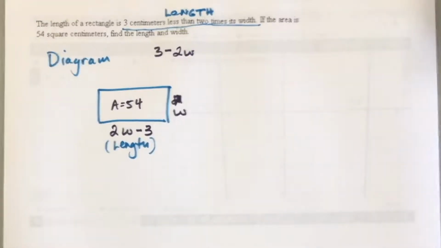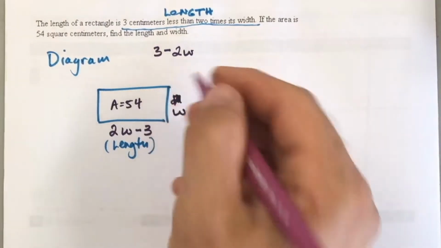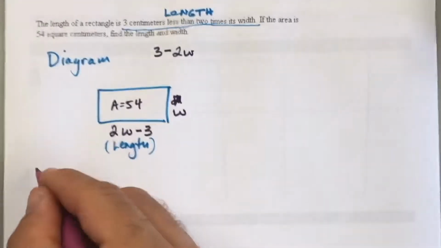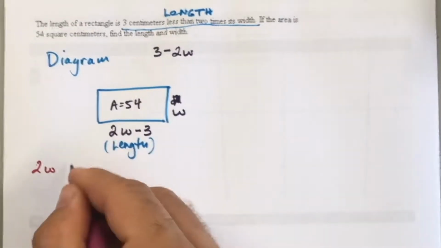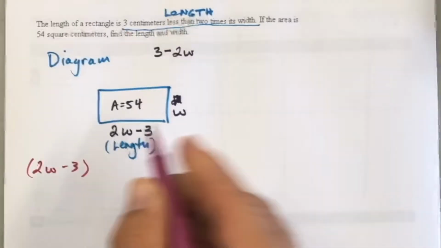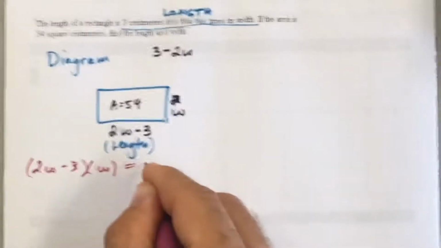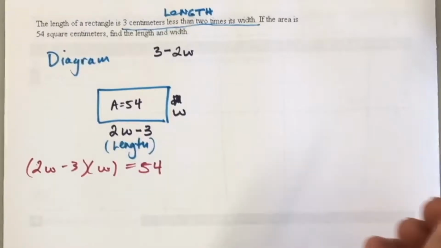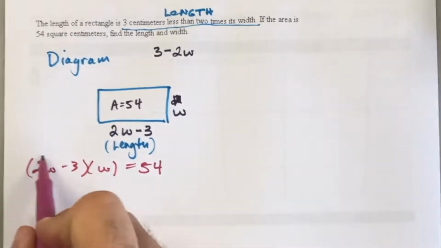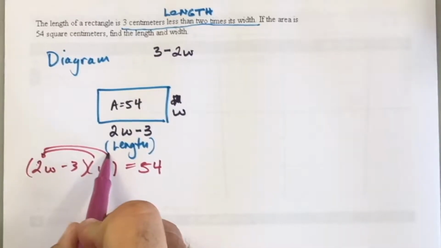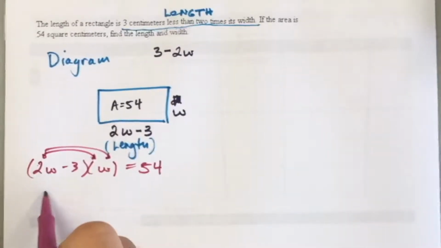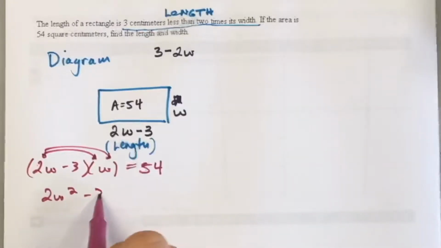Now, remember our formula for area is length times width. This is another GeoGebra problem because there is some algebra involved. Now, I'm going to distribute: 2W squared minus 3W is equal to 54.